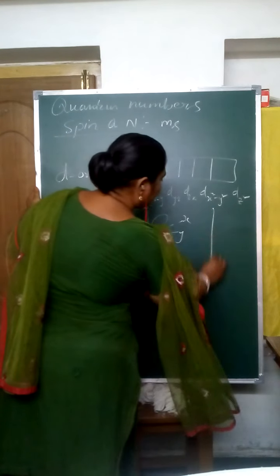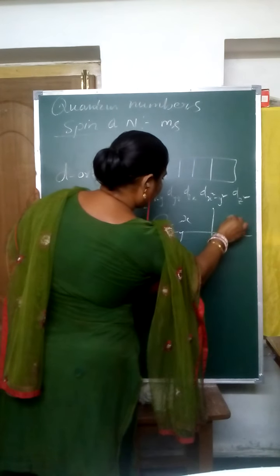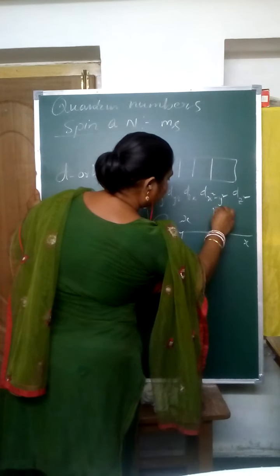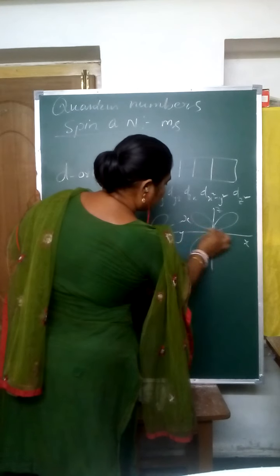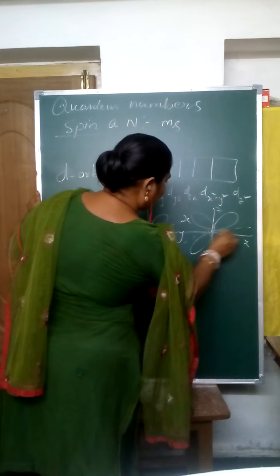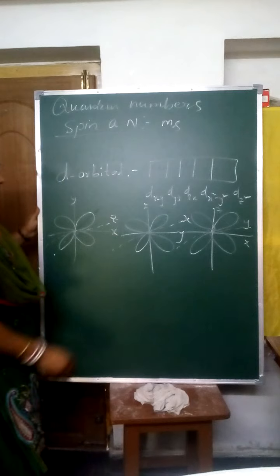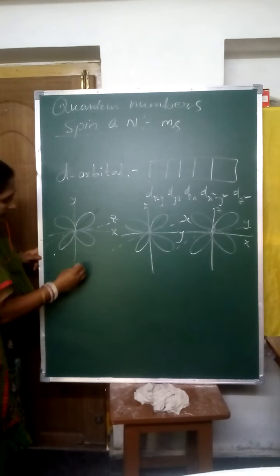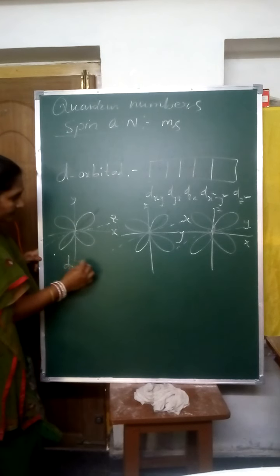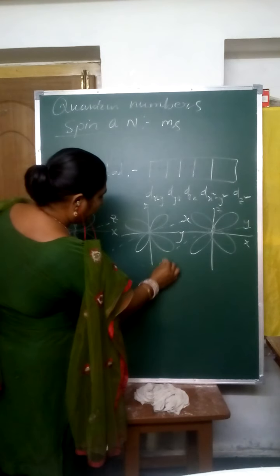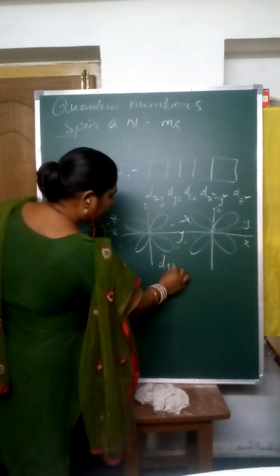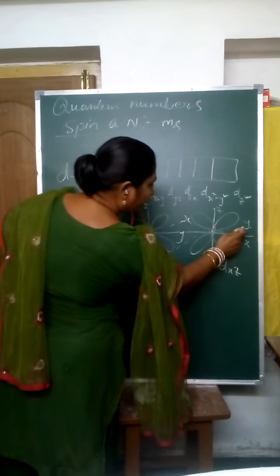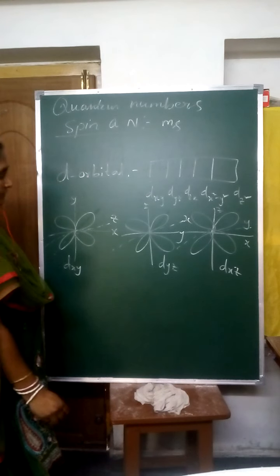Then another one, if this is zx, that's why you draw x and z, and draw like this and leave the y. Here you took only x and y, that's why dxy. Here you took only y and z, and here you took only x and z. You left y. That's why you have to take it.